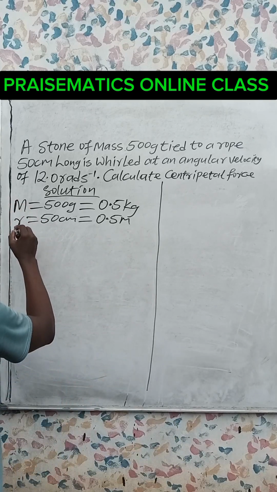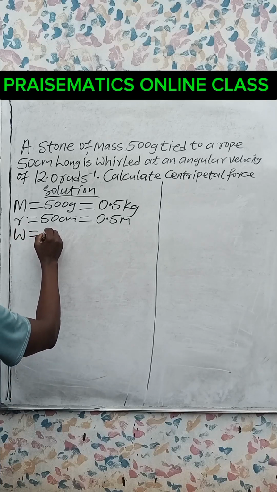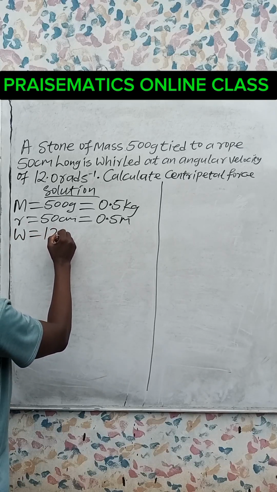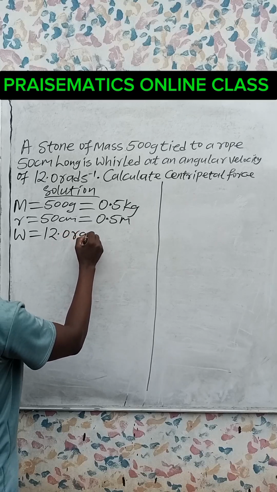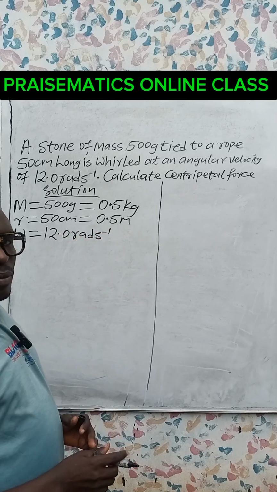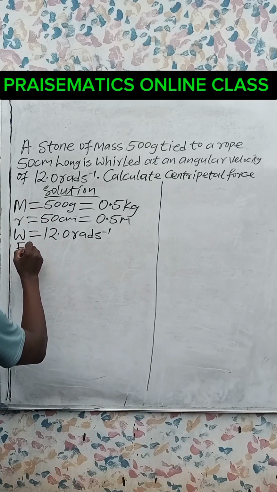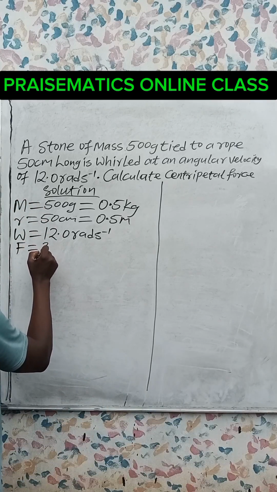Okay. Now, the angular velocity is given, which is W, 12.0 rad per second. Are you with me? Okay. Now, the force is not given. We are looking for the force.